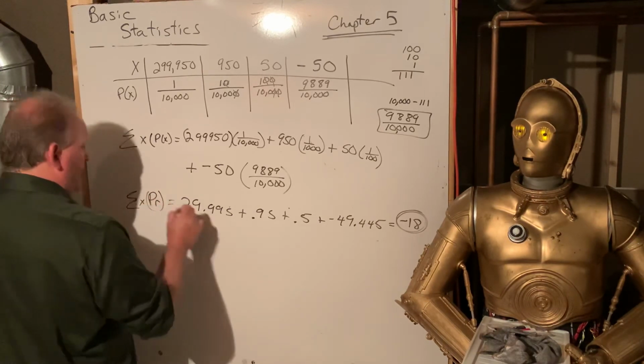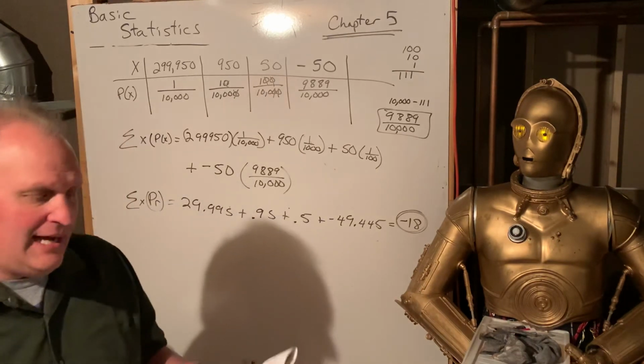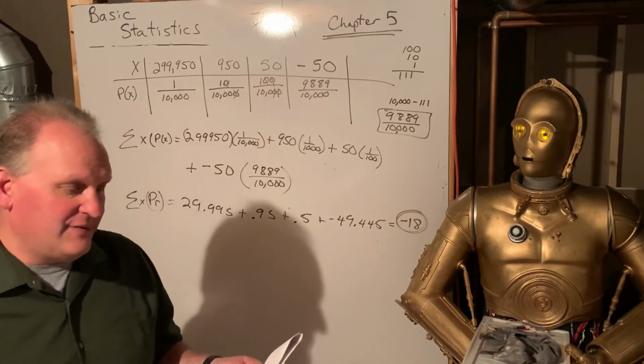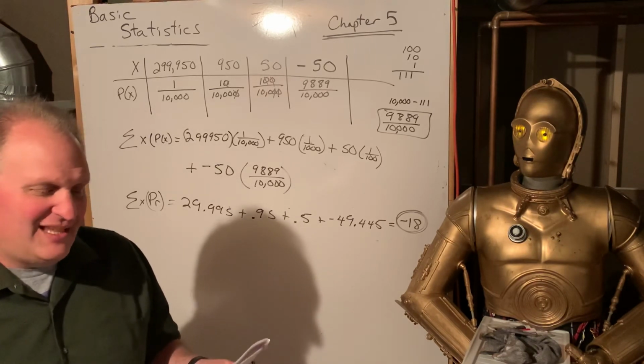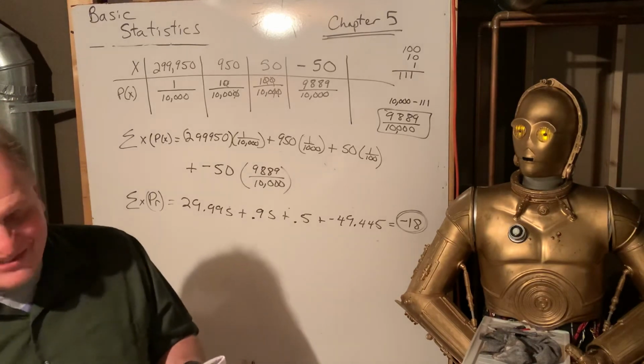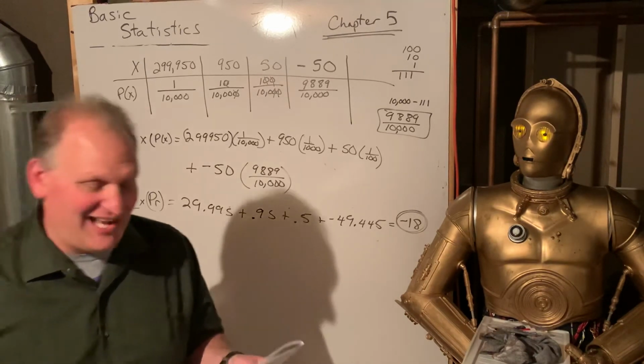They're to raise money for something. And so, yeah, it's not a fair game. The average payout is negative 18. That means you're likely to lose $18 per ticket on average.